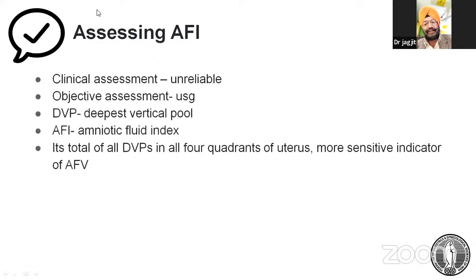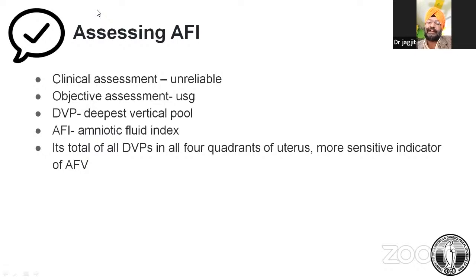The assessment of amniotic fluid through ultrasound has been described very well in today's lecture by Dr. Kuldeep. Sir, salute to you. Everything has been answered by you. I will only add that it can be deepest vertical pocket or amniotic fluid index, but it is always an operator-dependent modality. It is how you measure it.